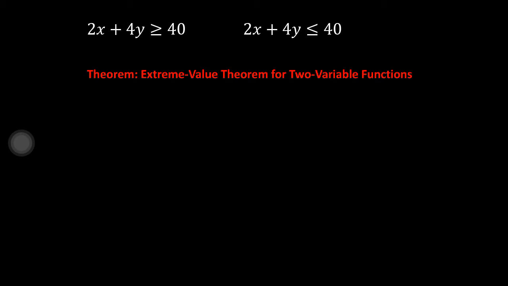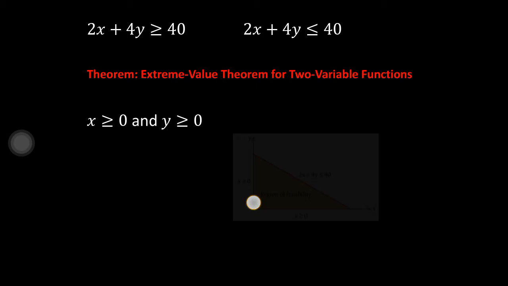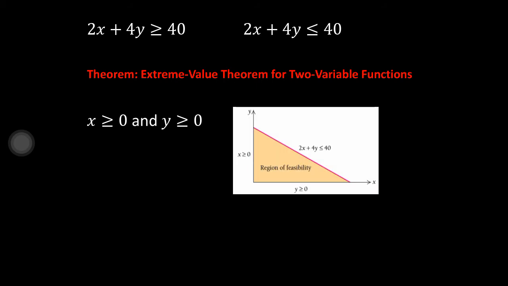So yun yung gagamitin natin na theorem para dito sa problem 4. So, the constraints x is greater than or equal to 0 and y is greater than or equal to 0 allow us to sketch the region of feasibility. Ayun yung region of feasibility.